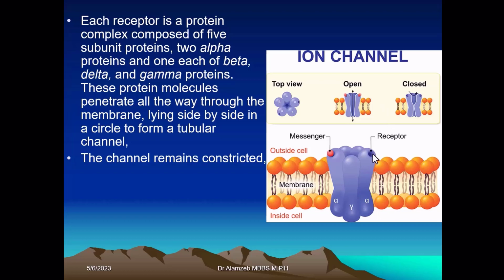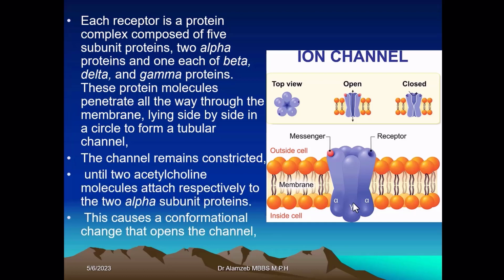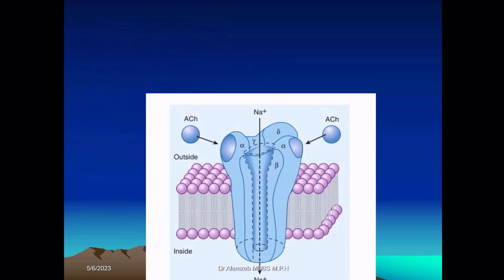The acetylcholine attaches to the alpha channels; there are two ends on this receptor, and these two ends are formed by the alpha protein of the channel. When the acetylcholine attaches to both of these receptor areas of the channel, it is activated and becomes open. This causes a conformational change that opens the channel.